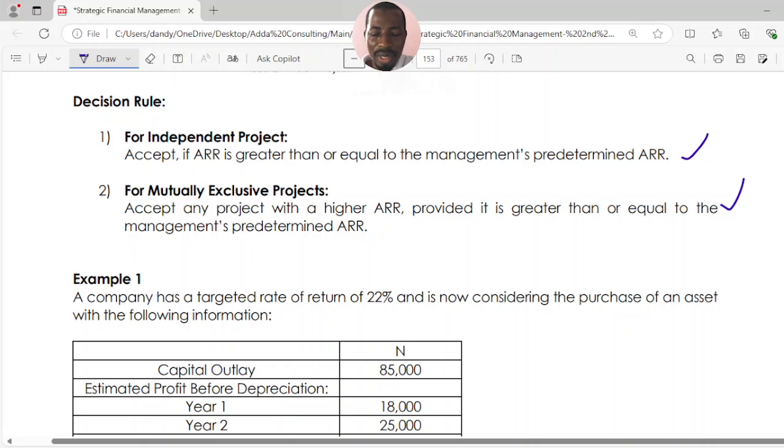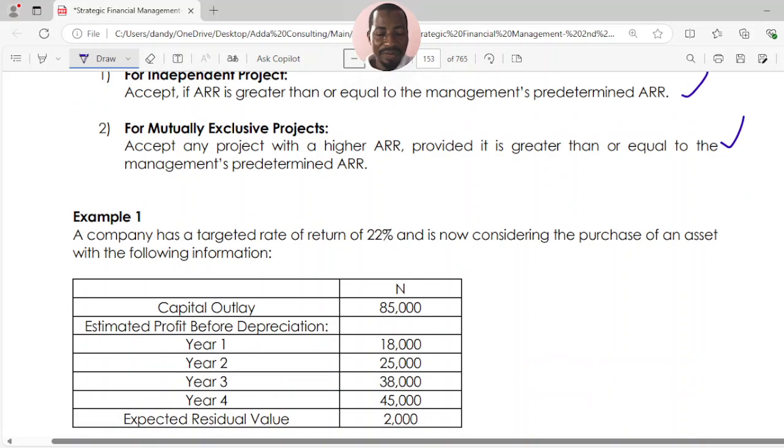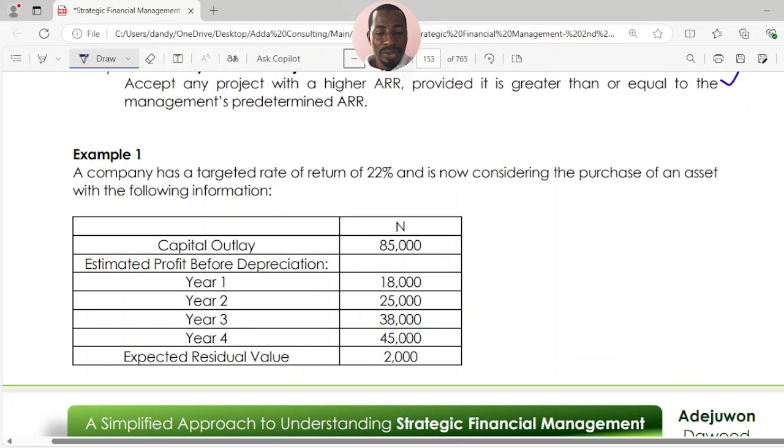Now, let's have an example to demonstrate what we have discussed so far as accounting rate of return is concerned. So example number 1, a company has a targeted rate of return of 22% and is now considering the purchase of an asset with the following information.